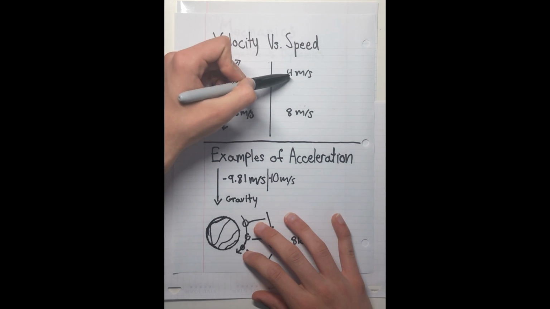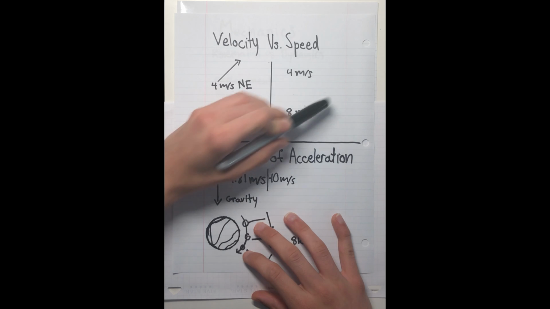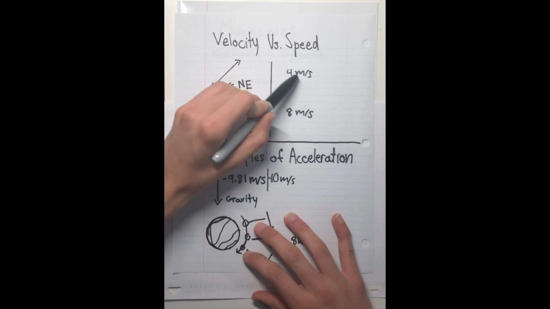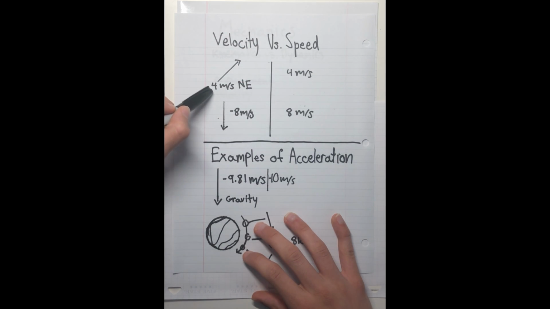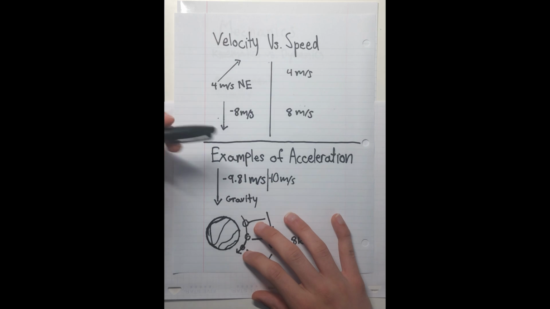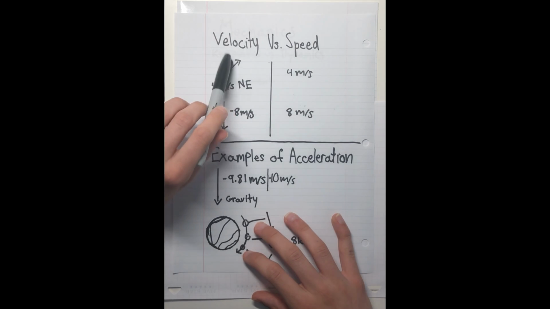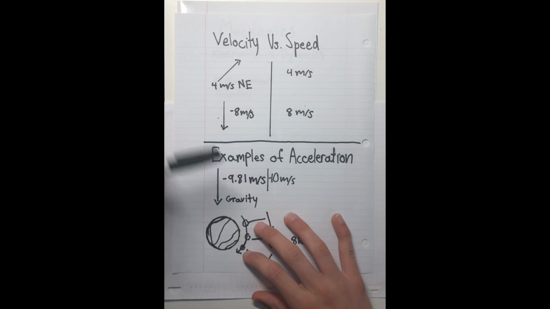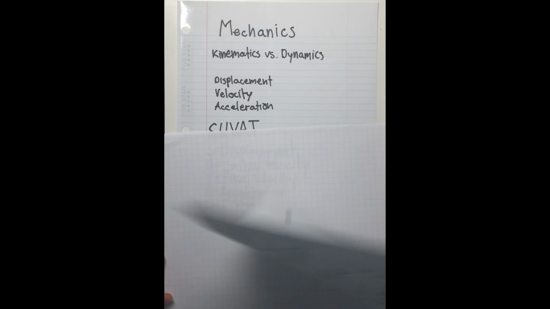Now, where speed differs is that speed is simply the absolute value. You have no other information other than how fast it is traveling. You don't know where it's going. You don't know whether it's coming away or towards you. It's just the speed. So that's really the difference between velocity and speed. And once you get that down, it's not that bad. And you kind of see it right there.